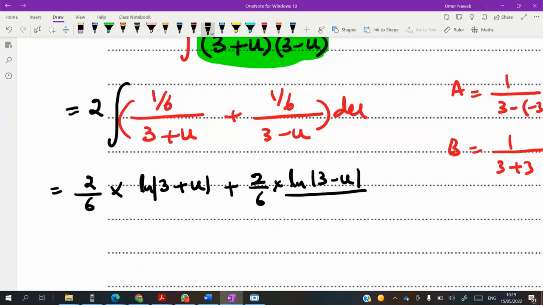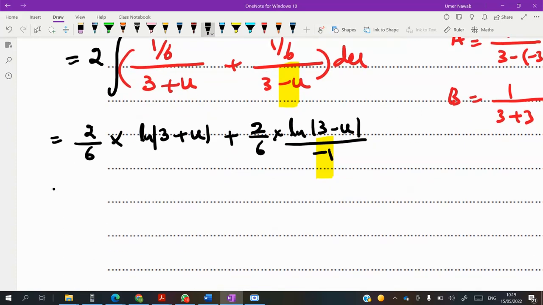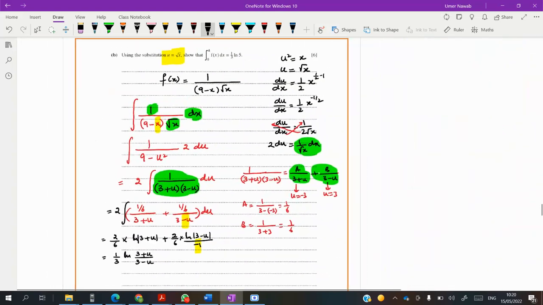Don't forget you need to divide by the coefficient of u here, which is minus 1, so I have to write minus 1. Now I can take 2 over 6 common, which is 1 over 3, and ln of a minus ln of b. So I can write it as ln of 3 plus u over 3 minus u. This is the final thing I got. You can write plus c as a constant of integration.